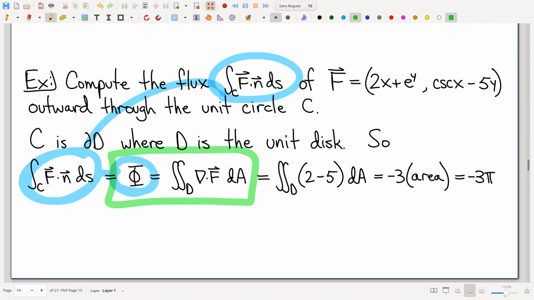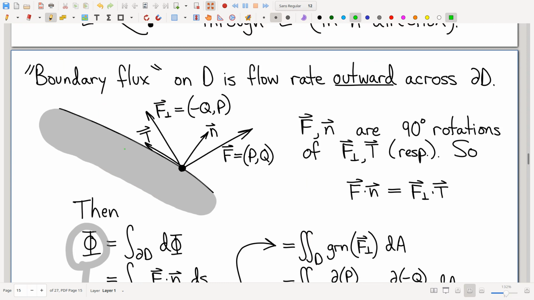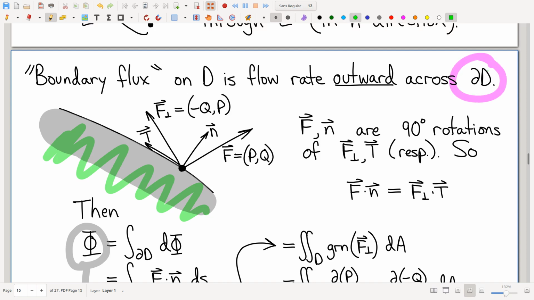Everybody good? Do you need to know the direction of the boundary, or it doesn't matter? Yes, you do, but again, that's all according to convention. If you have a two-dimensional region, and you want to talk about the boundary of that region, that boundary is oriented according to certain conventions.